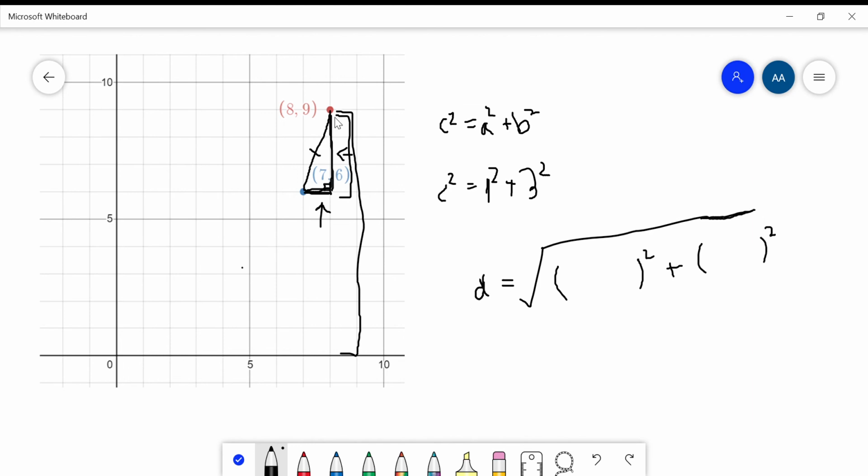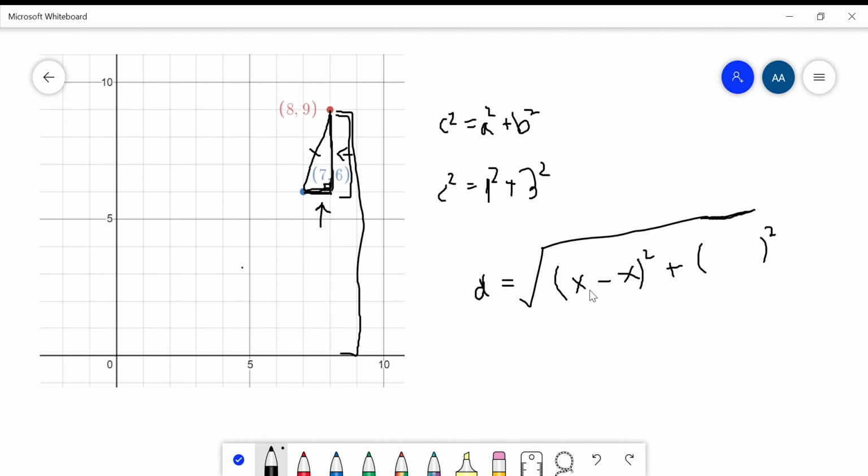So what would we put inside for a and b? Well, what did we do here to get a and b? We did x of one point minus the x of the other point. So if we put that right here, we have x minus x. Now, that doesn't help too much.